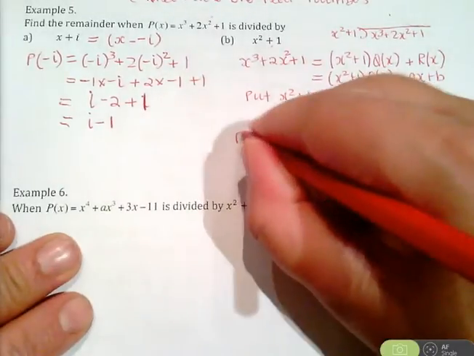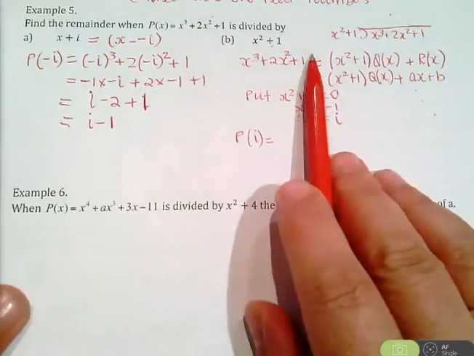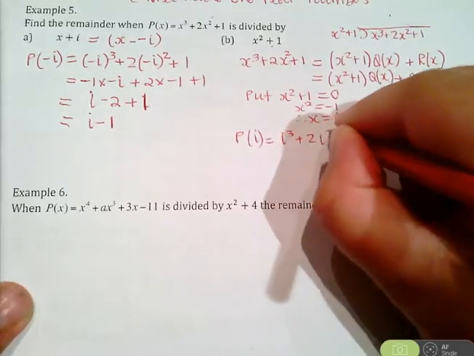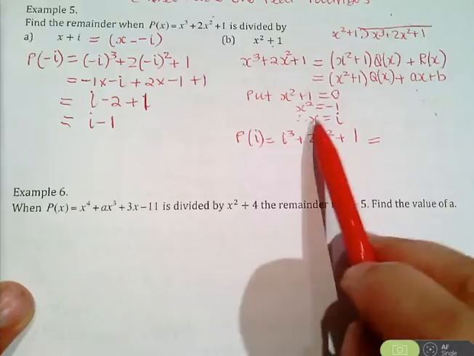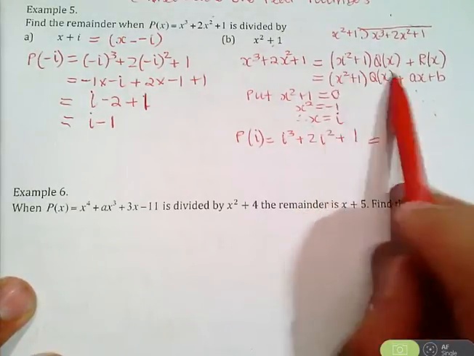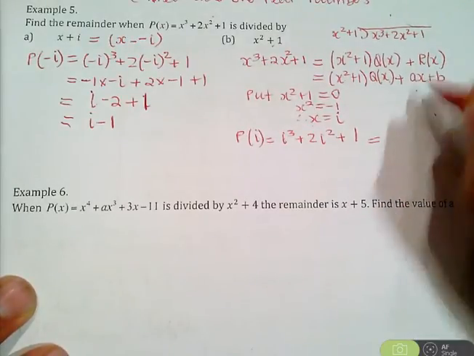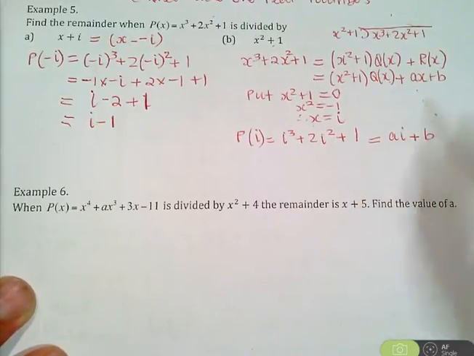So if I do p of i, if I substitute i into here, I get i cubed plus 2 times i squared plus 1. And if I put x is i in here, this becomes 0, plus I get, if I'm doing x is i, plus ai plus b.